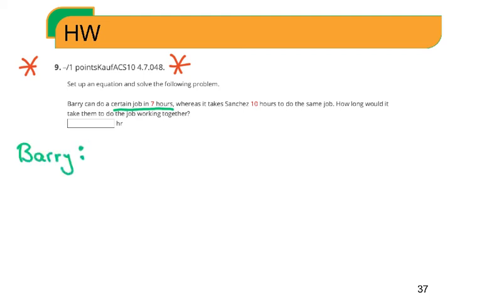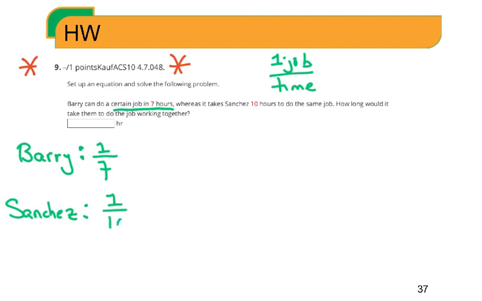So, remember, this is going to be one job over time. So, he can do one job in 7 hours. Sanchez needs 10 hours to do the same job. So that's one job over 10 hours.